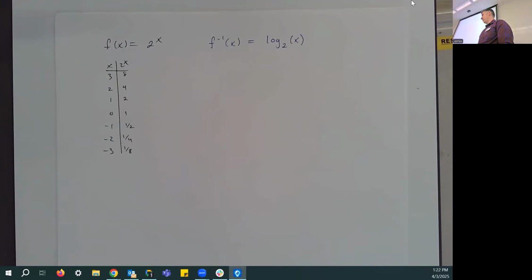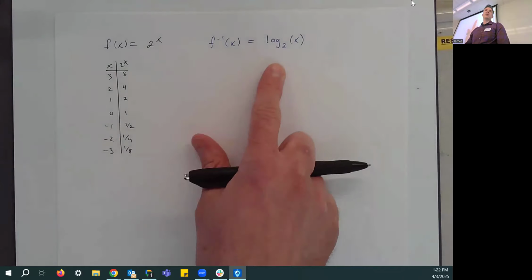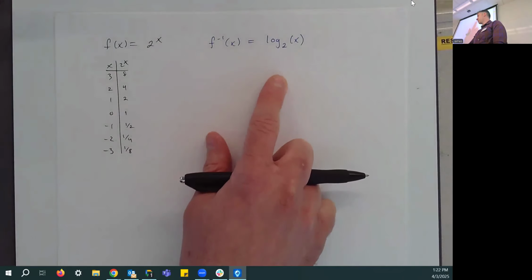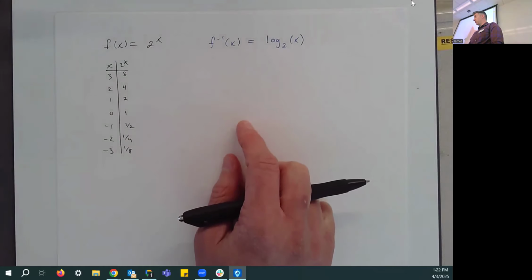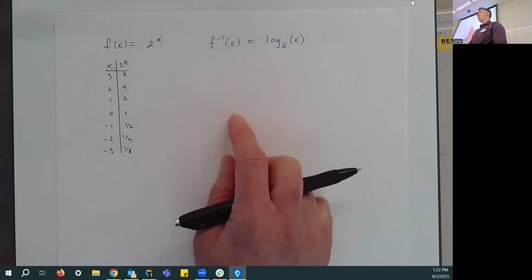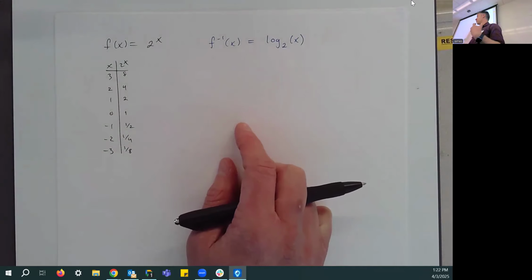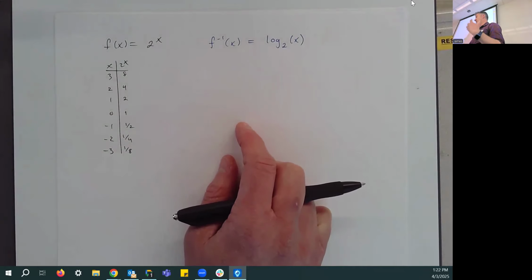Logarithms are never my favorite thing. They're kind of funky. When I read this, I don't say log base 2 of x in my head, but you definitely should say those words out loud. Log base 2 of x. All 5 of those words are important because the base reminds you it's the base, and the of reminds you it's a function.